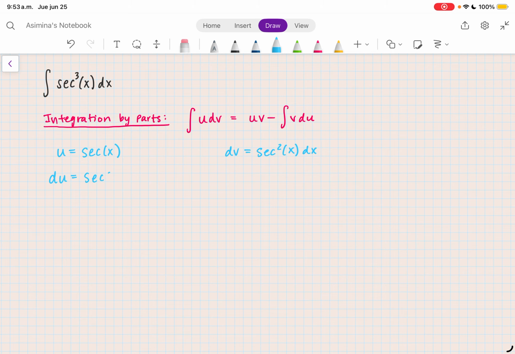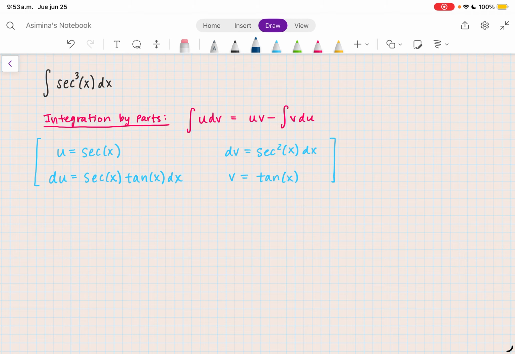It's secant of x times tan x dx. Now, if dv is secant squared x dx, what's v? So what's the antiderivative of secant squared of x? That's tan of x. Okay, so now we have this set up.